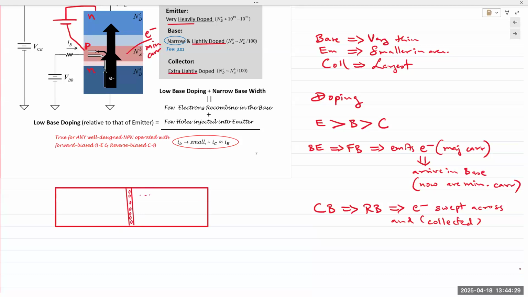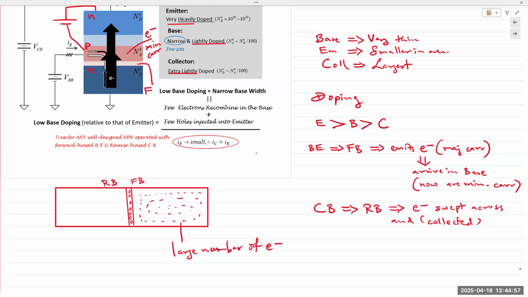Whereas here, a large number of electrons. Okay. This is forward bias, and this is reverse bias. So that is what is shown by this junction right here.